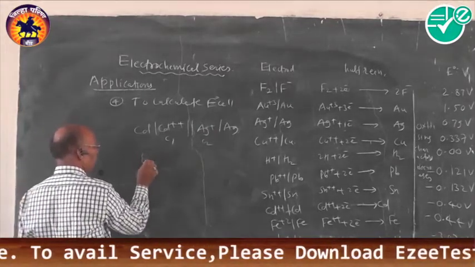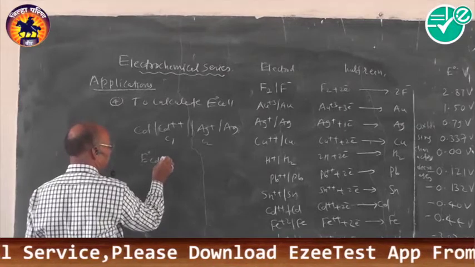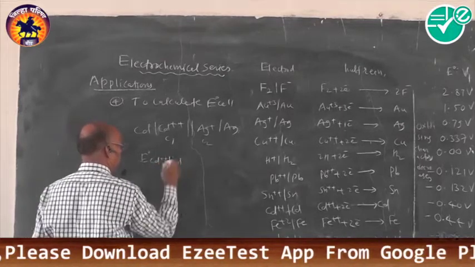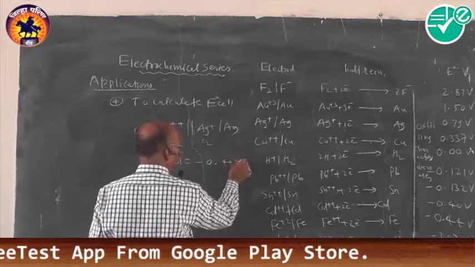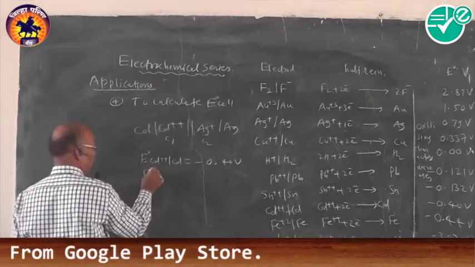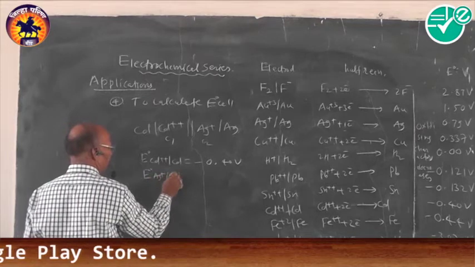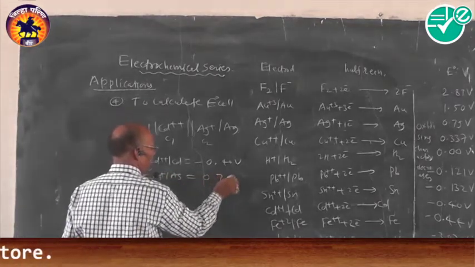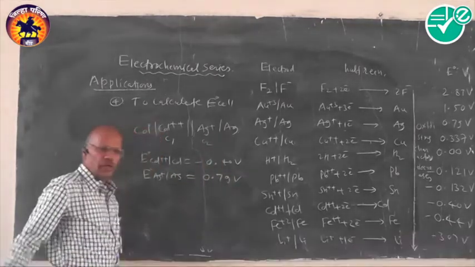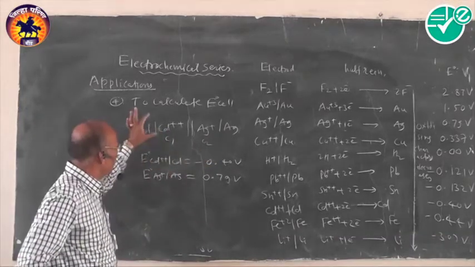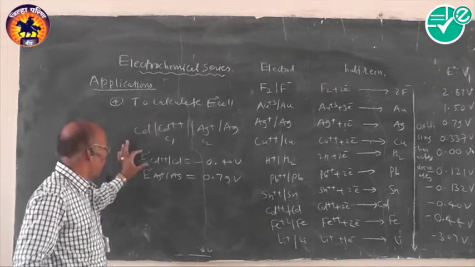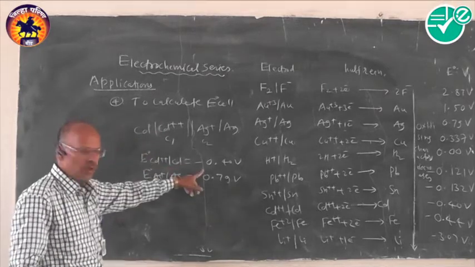We have to work out E standard cell. E standard cadmium is given as minus 0.40 volt, E standard Ag is given as 0.79 volt. So it is the data now. From this given reaction, this cadmium electrode is the anode, its potential is given.